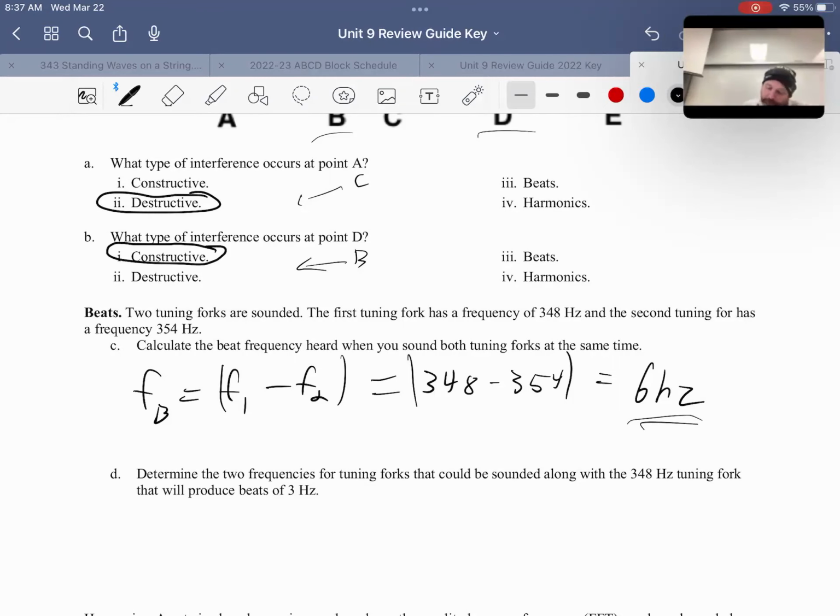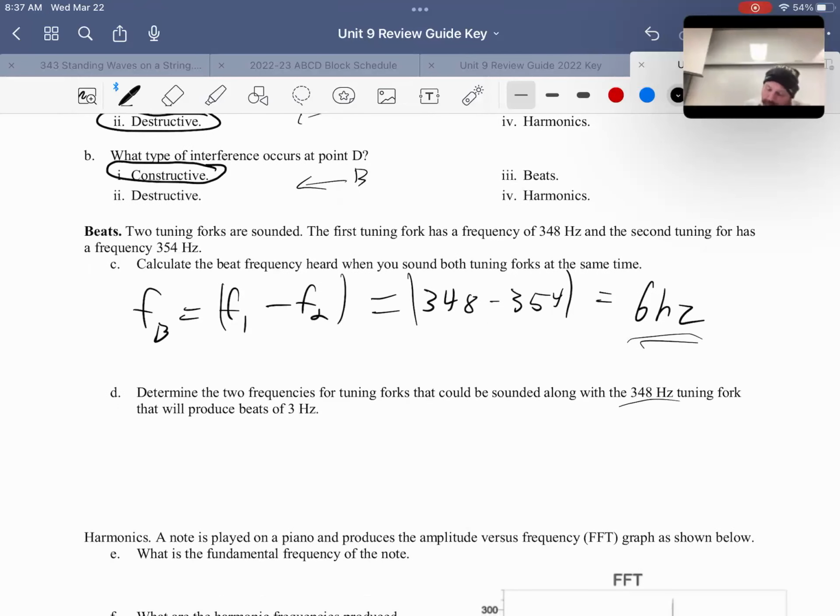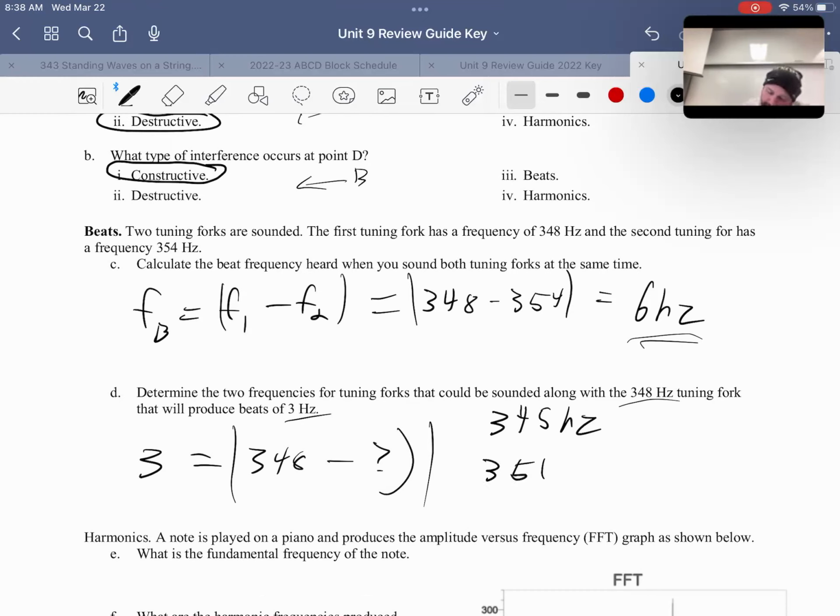All right. What frequencies, when paired with a 348, would make a 3 hertz beat? So we need 3 to be the difference, the absolute value of 348 minus some other frequency. Well, there's two options for this since it's absolute value. It could be 345 hertz. 348 to 345 is a 3 difference, or we could go up from that, and 351 could also work.